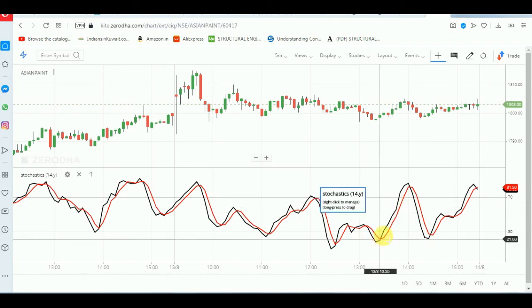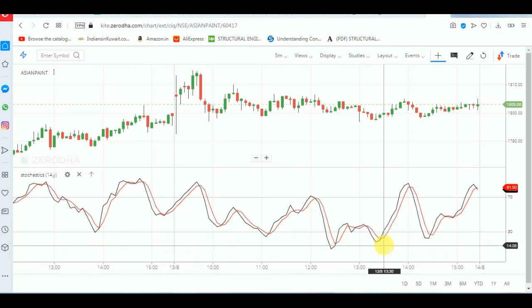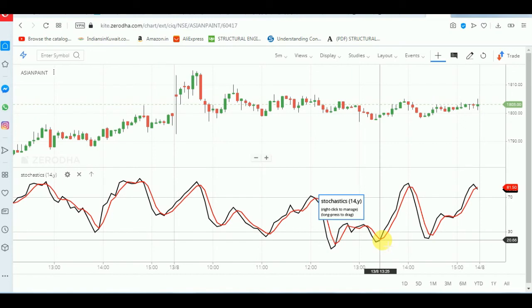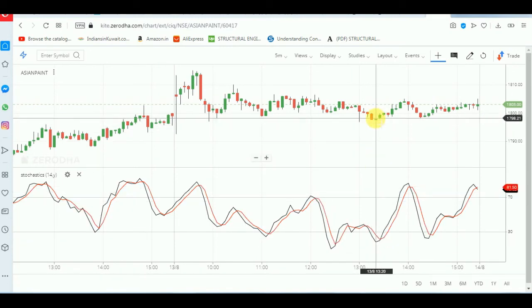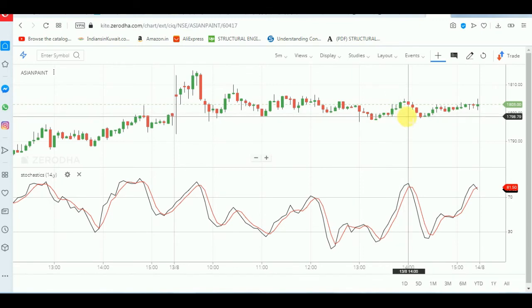So if you see here, if suppose a trader is entering at this particular candlestick, and if one needs to come out at this level, so there is a slight movement. There is not a huge movement at all. So if a trader tries to capture a big movement, there is no chance of getting a big movement at all.